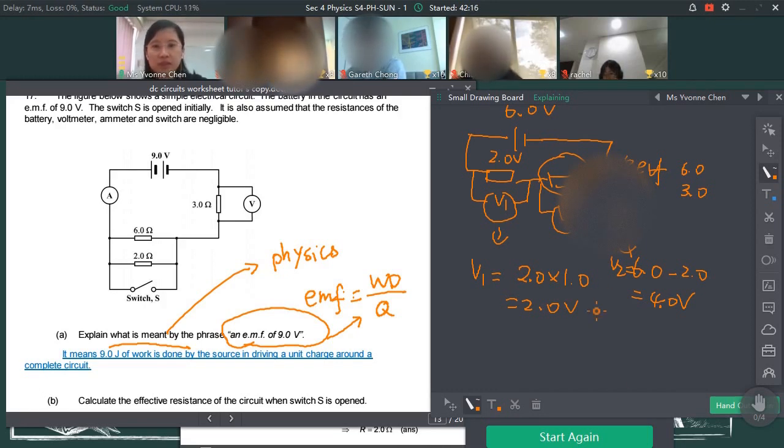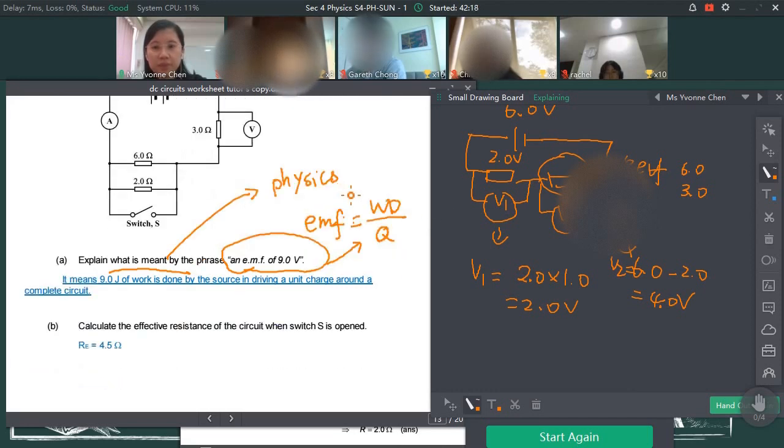Please write down the definition. Last week when I checked, it wasn't very well answered. It means that 9.0 joule of work is done by the source in driving a unit charge around a complete circuit. Please write down the answer.